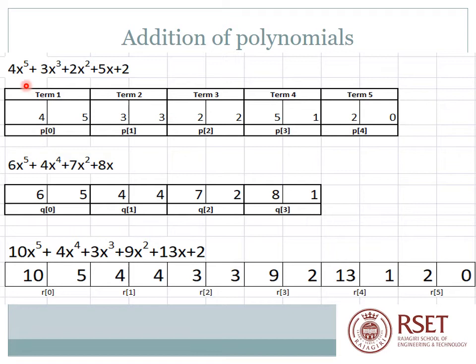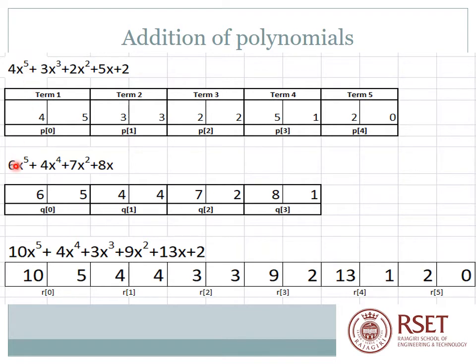So in this case, say you have two polynomials with you. So you will be reading these two polynomials with the help of two arrays of structures. The first polynomial has 5 terms, second polynomial has 4 terms. So you will be traversing each of the polynomials and you will be comparing the exponents of the first term of the first polynomial and first term of the second polynomial.